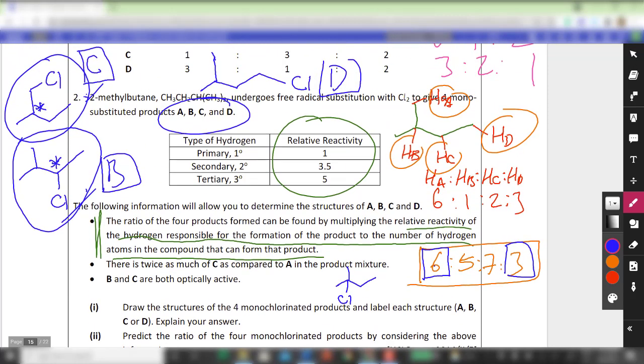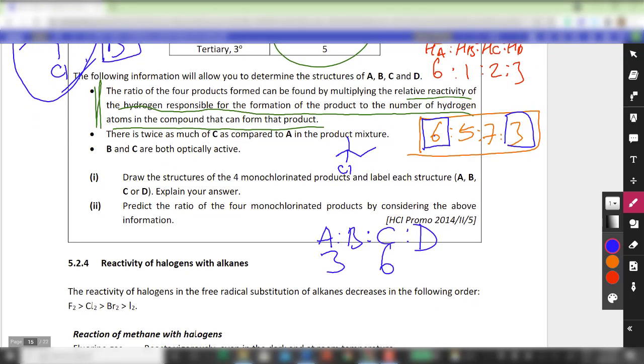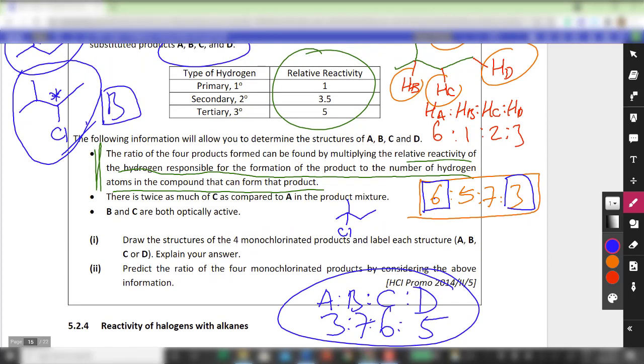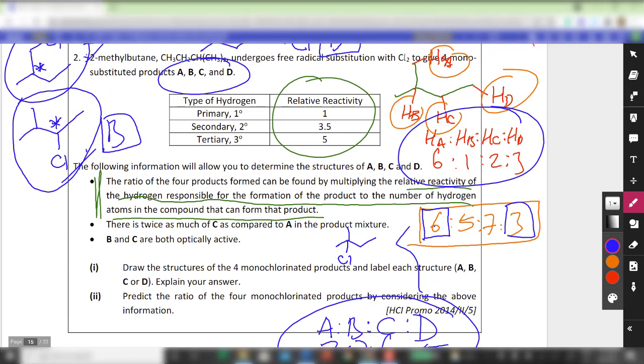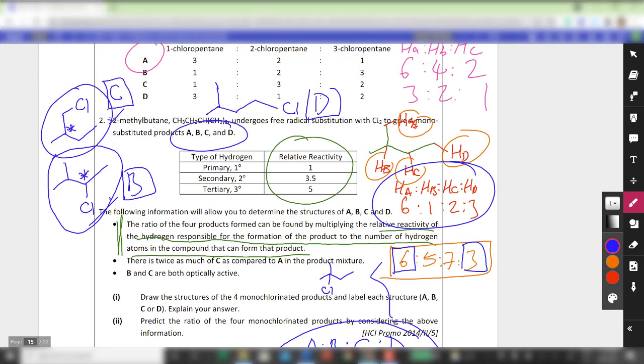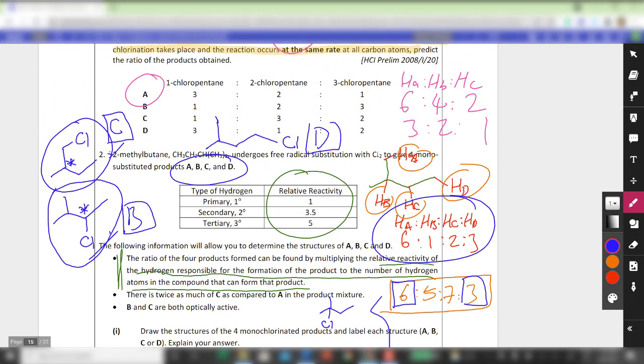And then D is the unique one out, so this is 5, and then this is a 7. So this will be the actual ratio. My apologies that my labeling of letters here is different from the products. But this is often the case, and it doesn't really matter because at the end of the day, you will get the same answer.